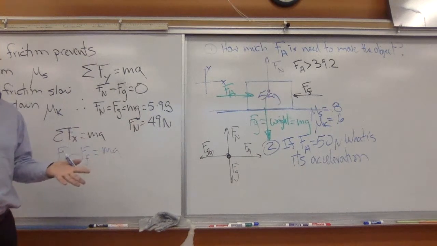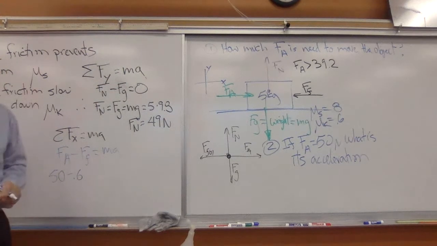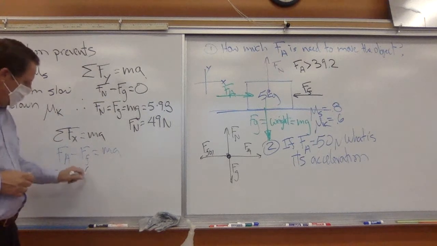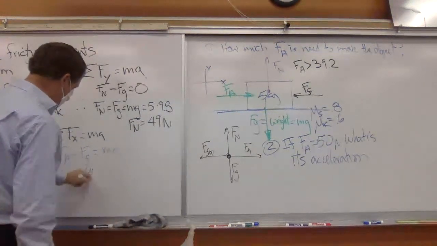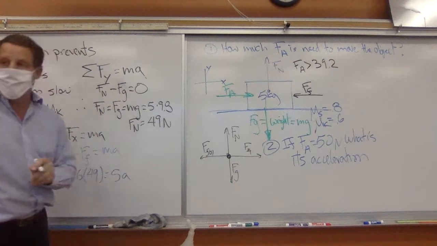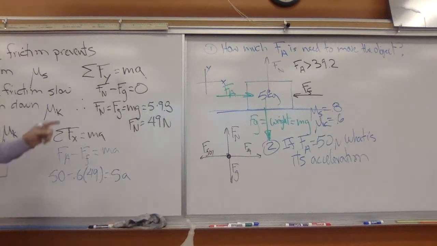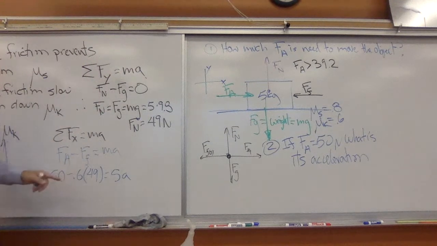It's not just greater than 0. So now we're going to have 50 minus our mu, which is 0.6, times our normal force, which is 49. And that's going to equal our mass times A, 5A.